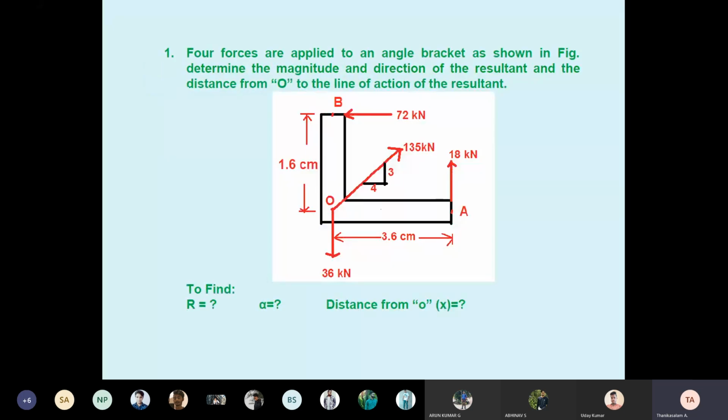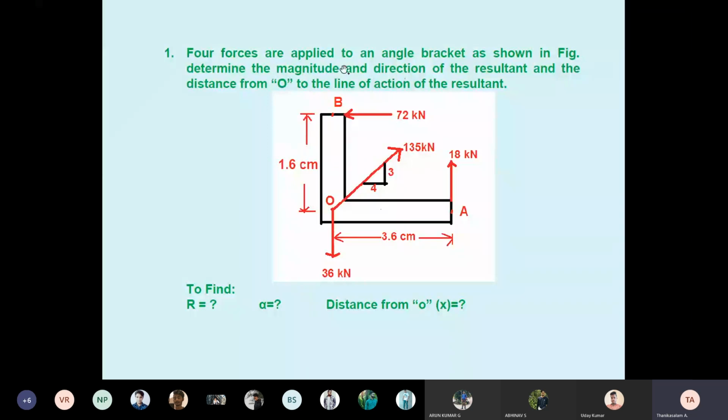This problem was started last class but not completely finished. Here, 4 forces are applied to an angle bracket as shown in the figure: 36, 18, a 135 inclined force, and 72.